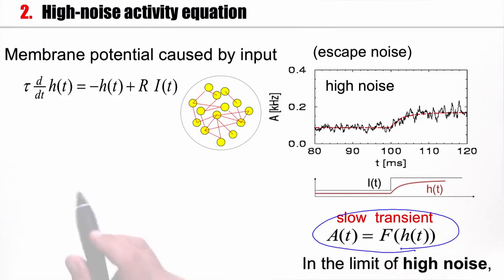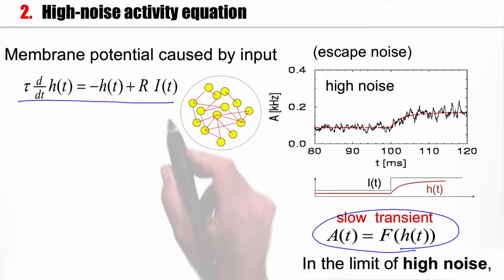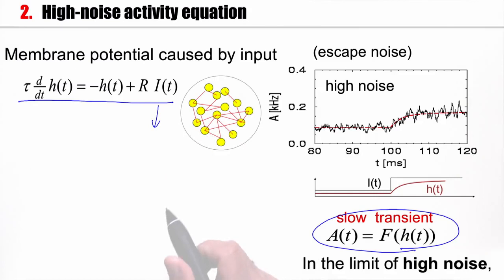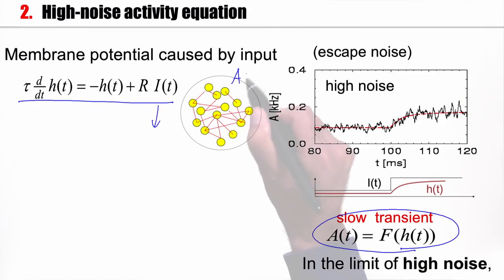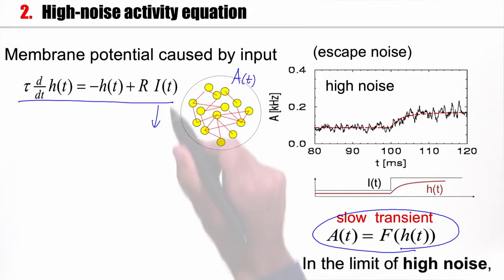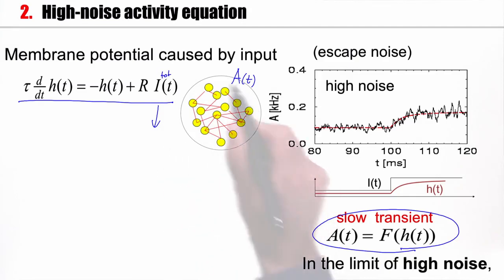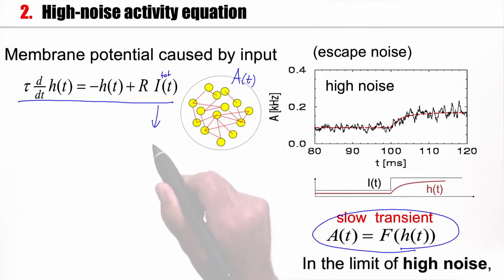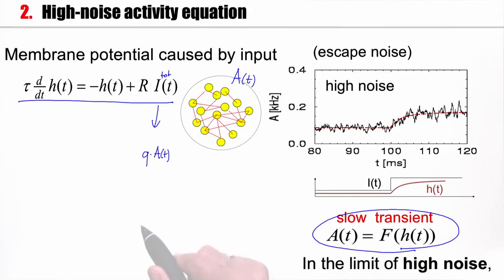Now we have seen that the input potential itself is described for integrate-and-fire neurons by this kind of differential equation. And now we can exploit that if I have a network of connected neurons, this input current will have a part that's really coming from the activity inside the network. This network activity will be A of t. So this total input will be input coming into the neurons from neurons in the same population. And we have seen that this kind of input would be proportional to Q times A of t.